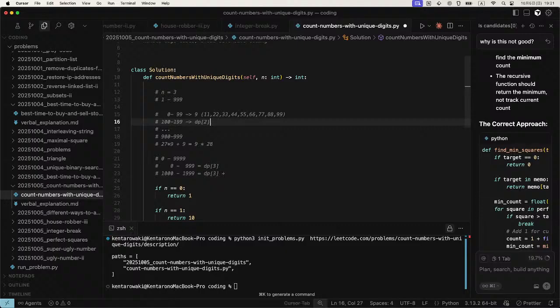So that is DP2 each, and 11x, but 111 is already included, so 9.